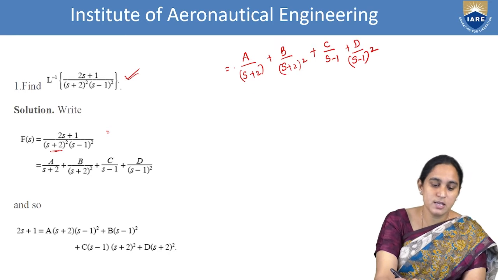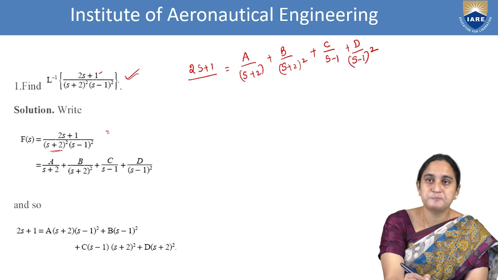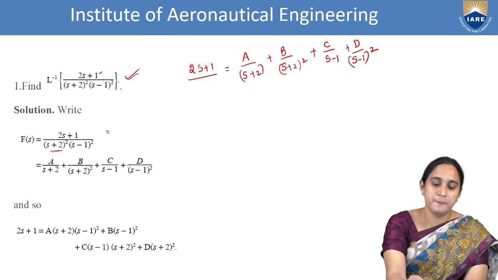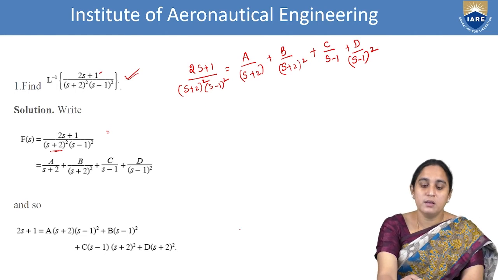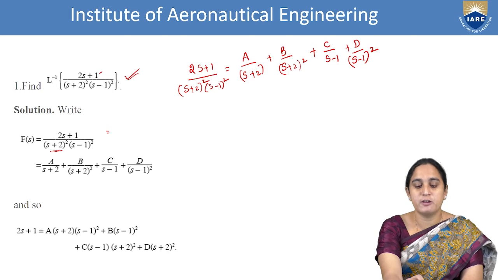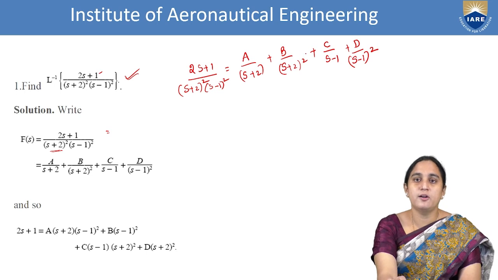So (2s+1) by (s+2) whole square into (s-1) whole square equals A by (s+2) plus B by (s+2) whole square plus C by (s-1) plus D by (s-1) whole square. Now I am finding the unknown values A, B, C, D.